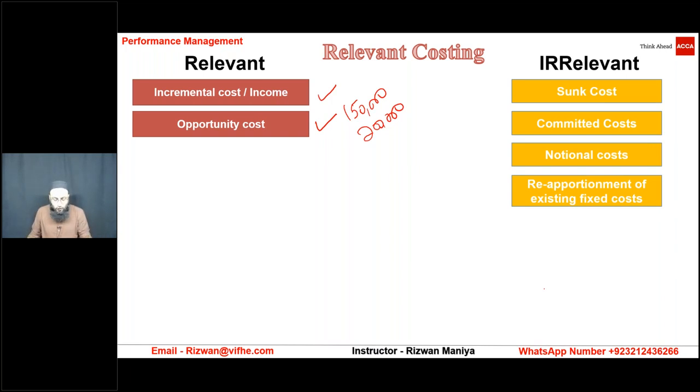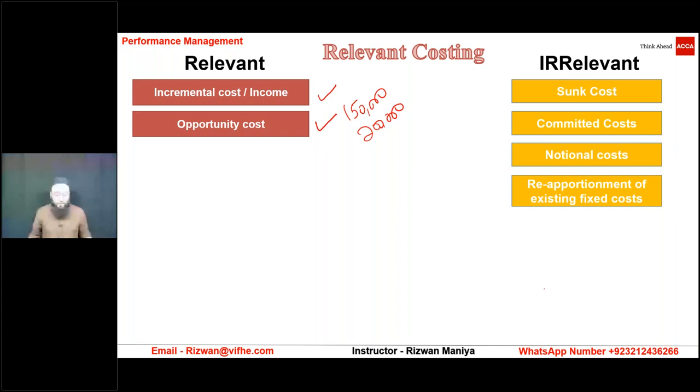You are leaving that job of 150,000 for the job of 200,000. So that is your opportunity cost. Whatever compromise, whatever sacrifice you make by opting for one option, that is known as opportunity cost.